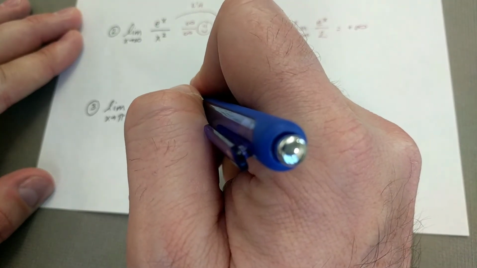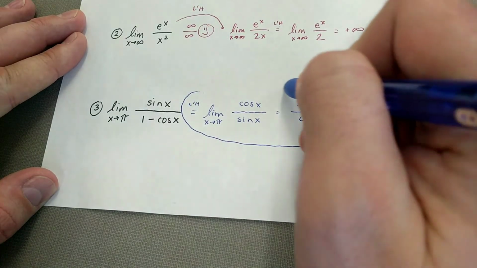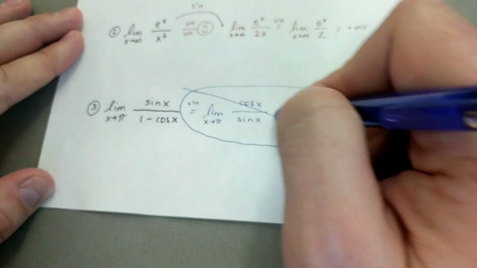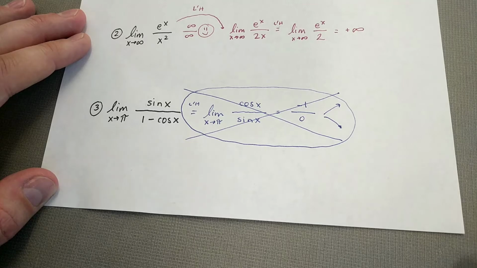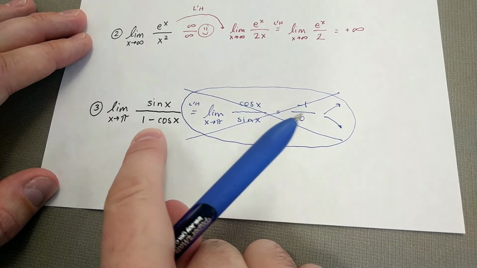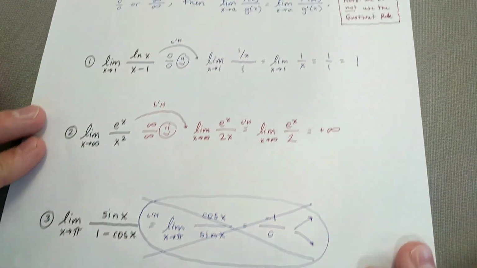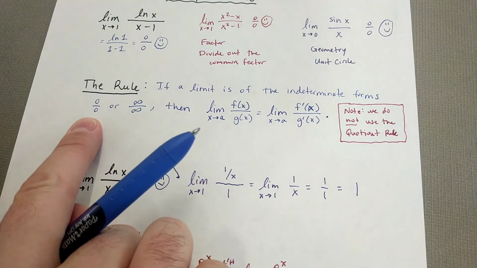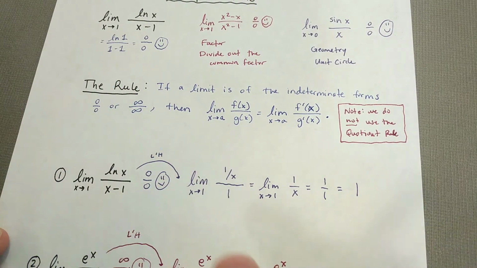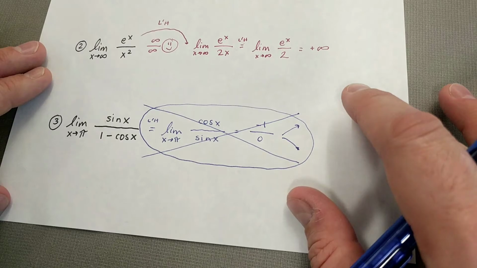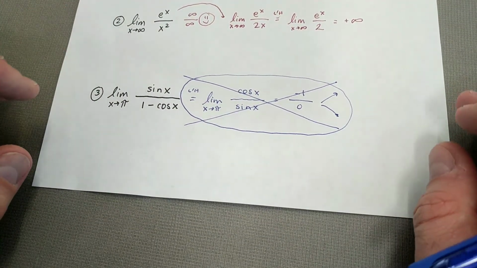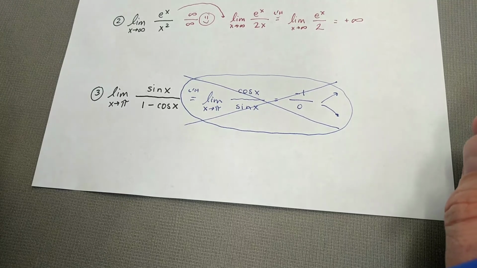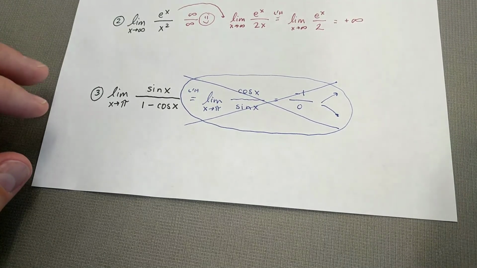Well, I didn't do something that I did in the other 2 problems that is always a good idea, which is to check whether this limit meets the conditions of the rule. The conditions is that it must be of the form 0 over 0 or infinity over infinity. And I did that for examples 1 and 2. I didn't do it for 3 on purpose because I wanted to point out to you that if you don't check, you could really screw yourself over.